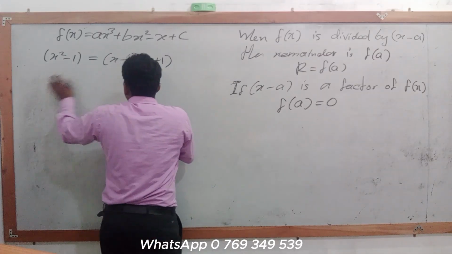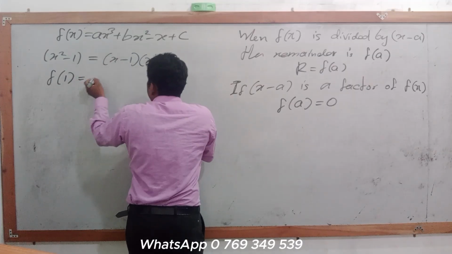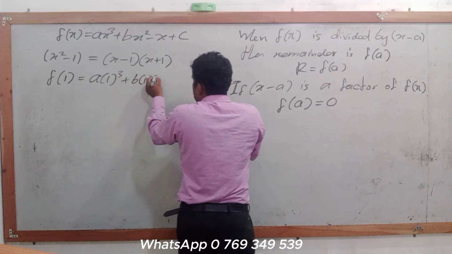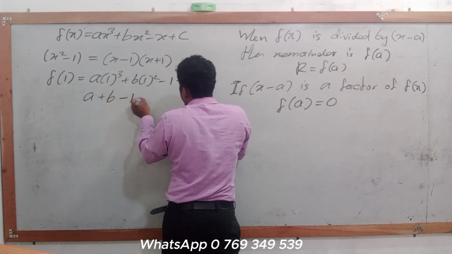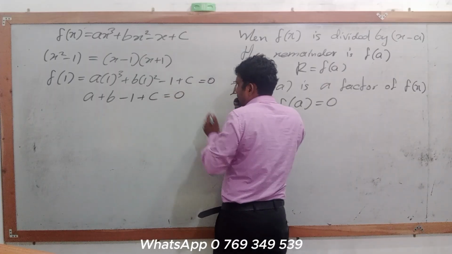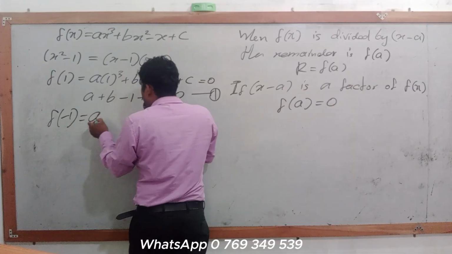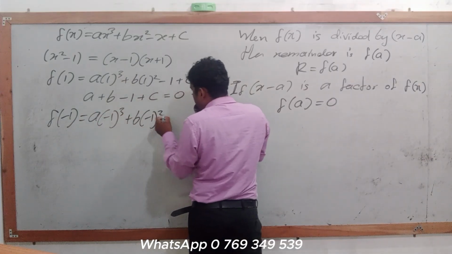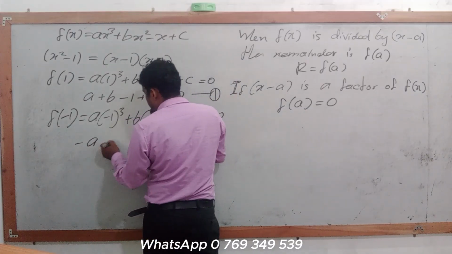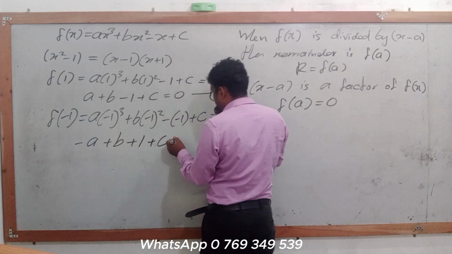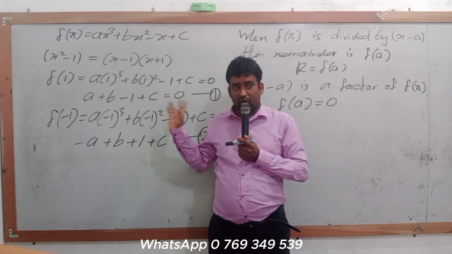For f(1): a times 1 cube plus b times 1 square minus 1 plus c equals 0, so a plus b minus 1 plus c equals 0. This is equation 1. Now f(minus 1): minus a plus b plus 1 plus c equals 0, equation 2. Here there are 3 unknowns a, b, c, but only 2 equations.